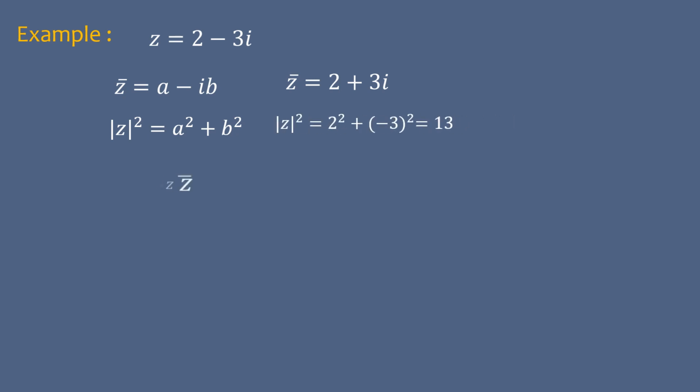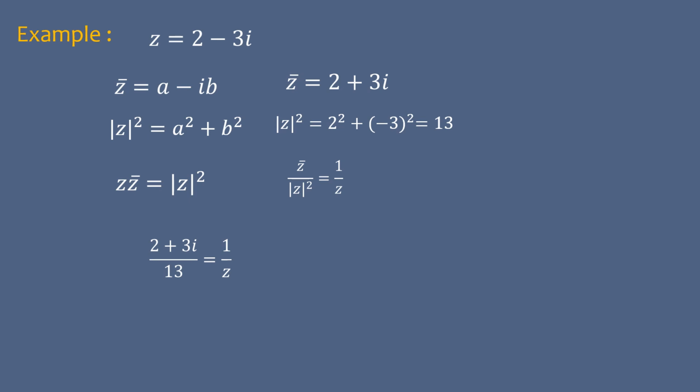And now, as we have already studied, z times conjugate of z will be equal to modulus of z whole square. Rearranging the formula so that we can get the multiplicative inverse, it will look like conjugate upon modulus square.